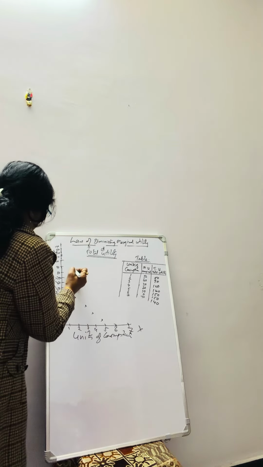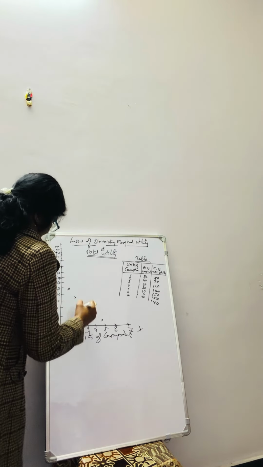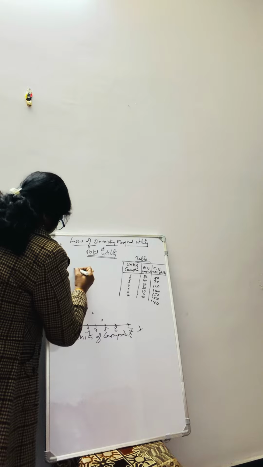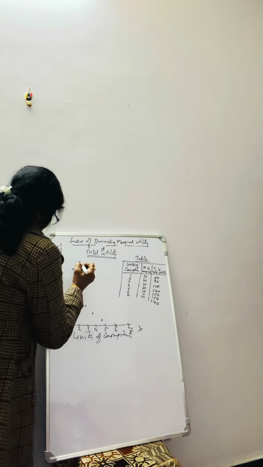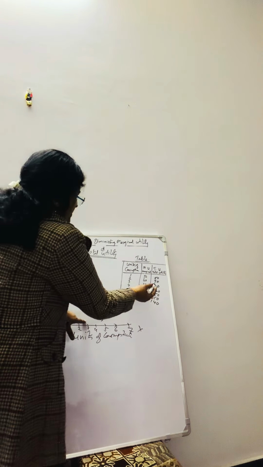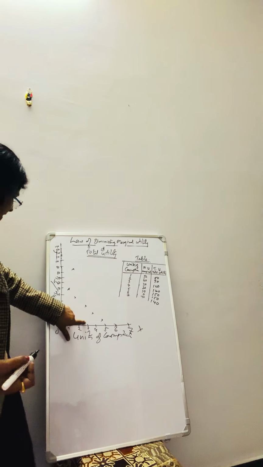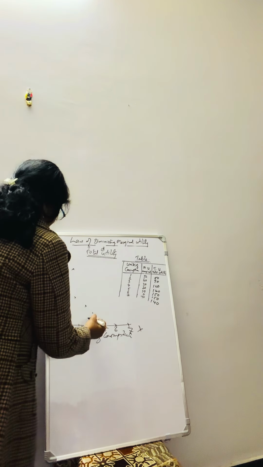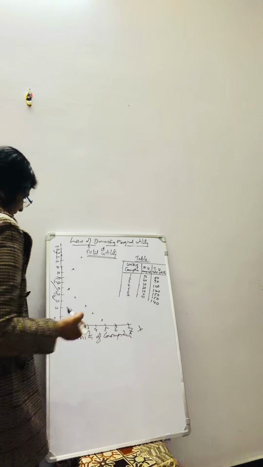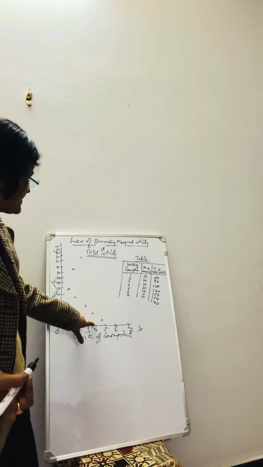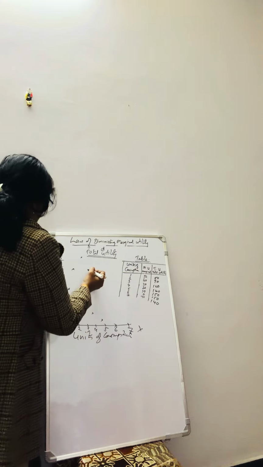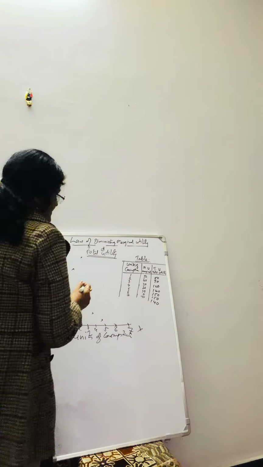You see here the second one, 90. And when the third unit was consumed, it was 120, here it is 120. And when the fourth unit was consumed, it was 140. See here, 140, it's the highest.